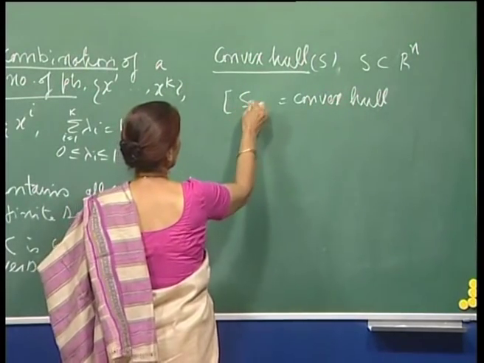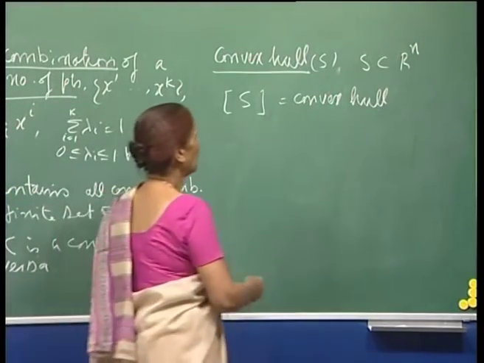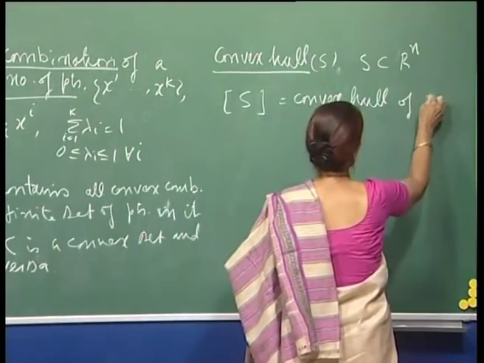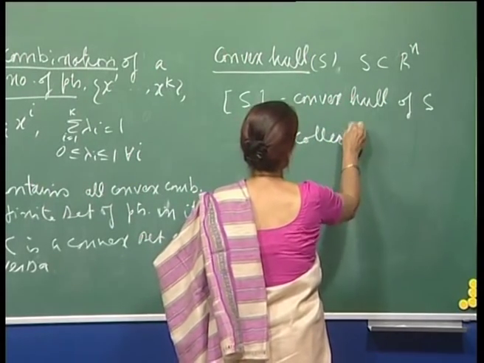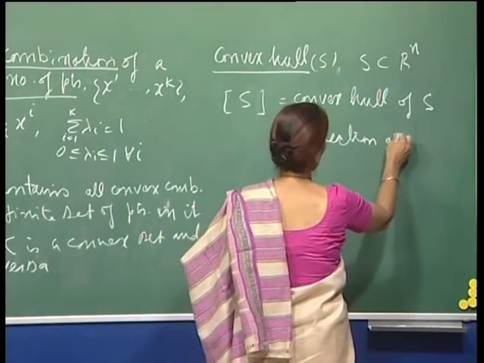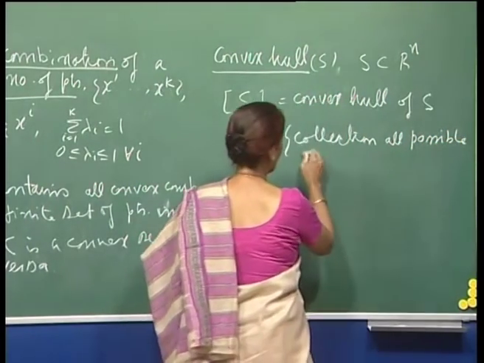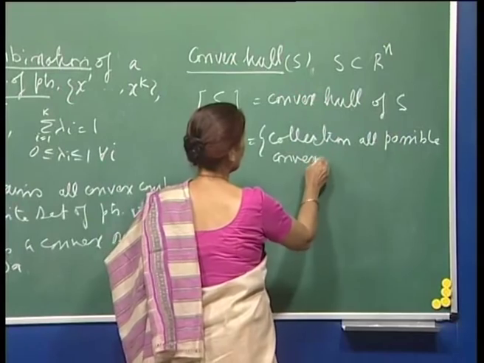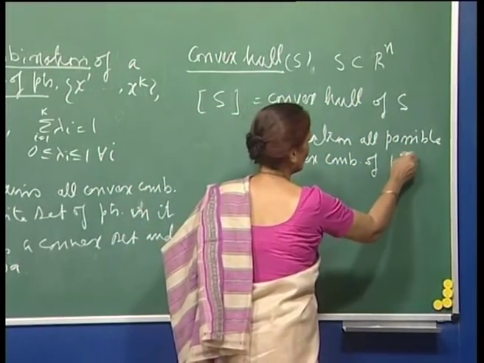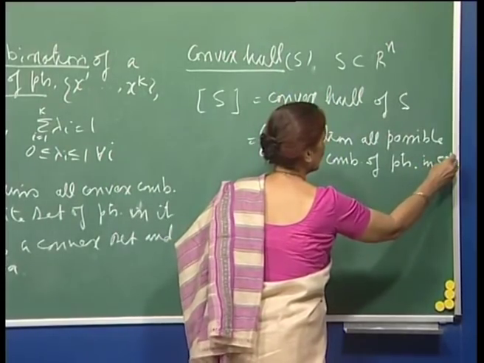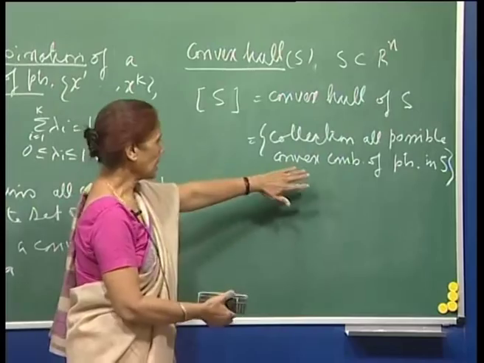So this is the convex hull of S, and this is the collection of all possible convex combinations of points in S. I have dropped the word finite because it's understood.